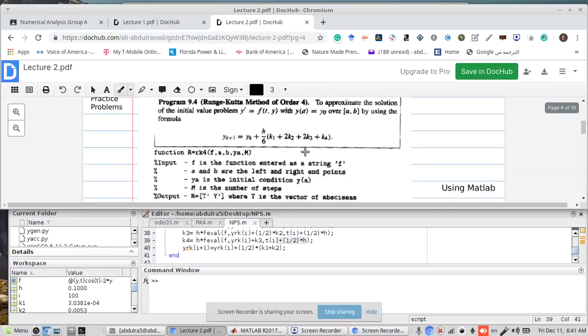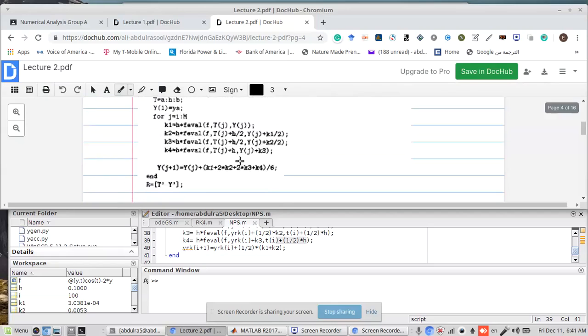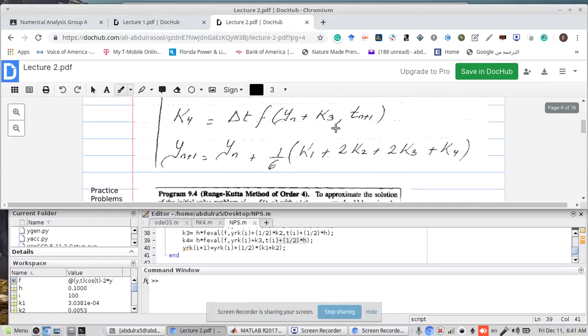I think it's said here. Let's check this. So here plus h, K4. So I got here plus K1. Here should be plus h. All right.